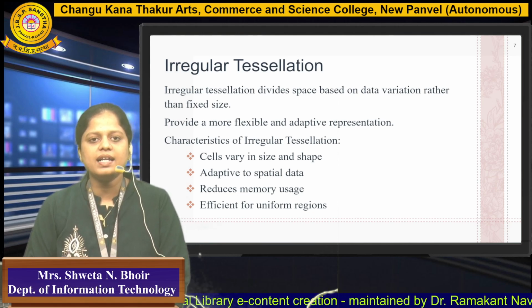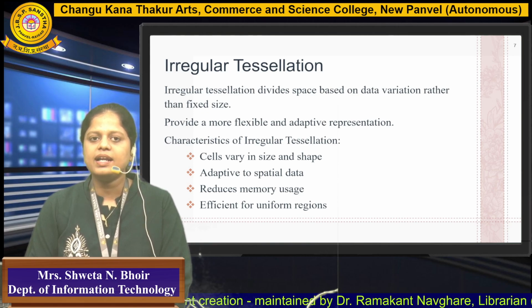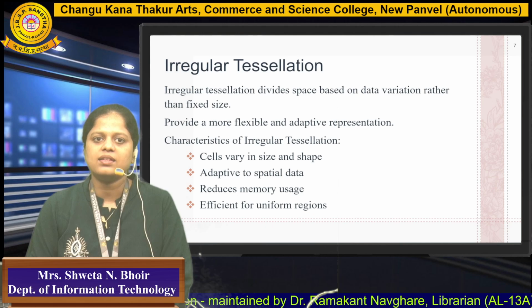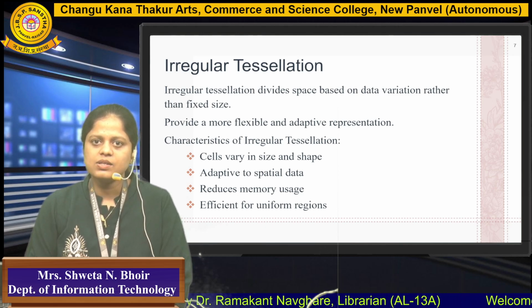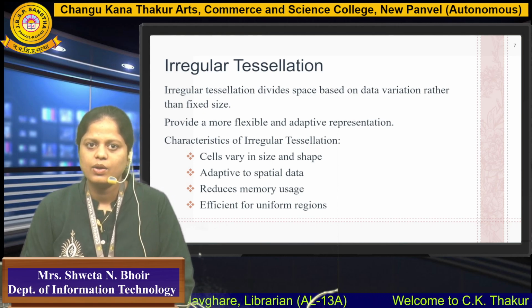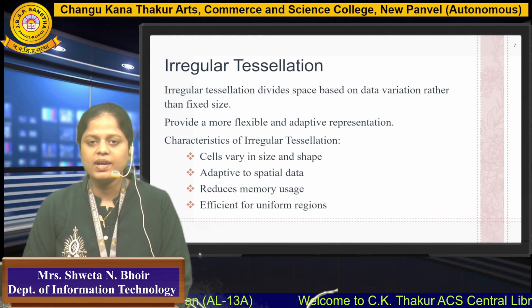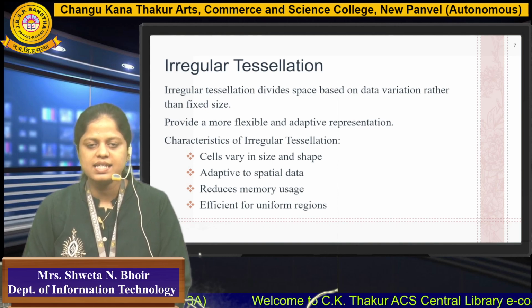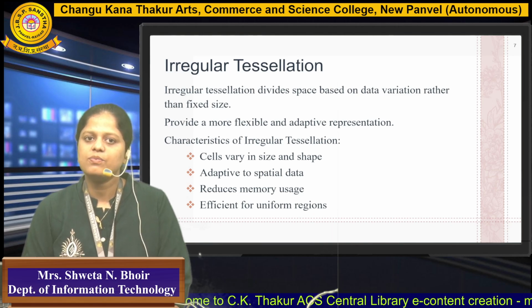In the regular it has the same shape and size, but in the irregular it is not the same shape and size. Okay, so it divides the space on the data variation rather than a fixed size, as I said. And it is more flexible and adaptive. So whenever you want to make any changes in the area, this tessellation must be used.